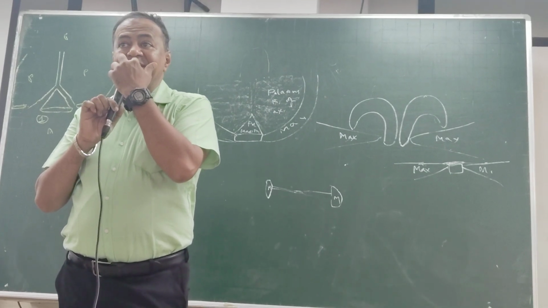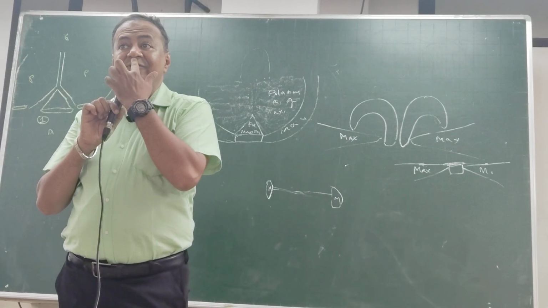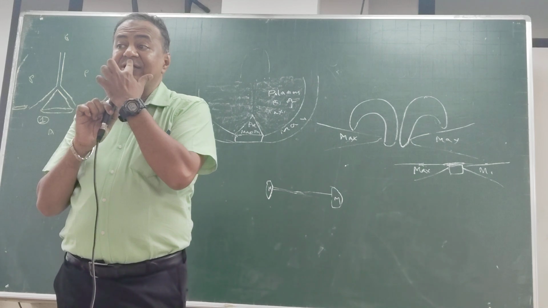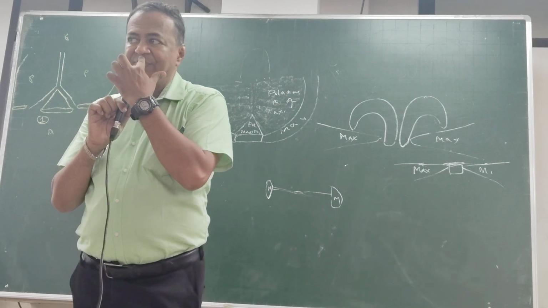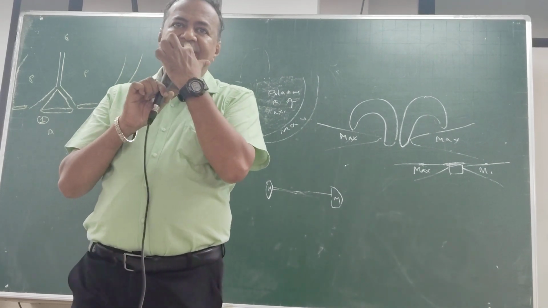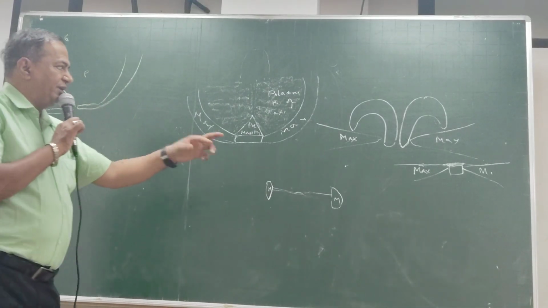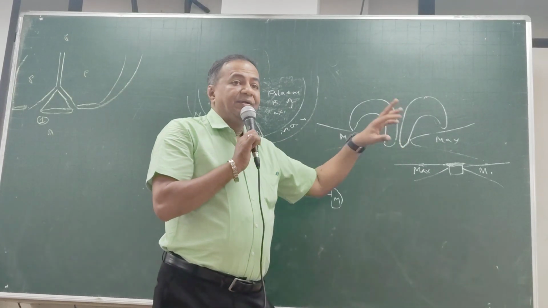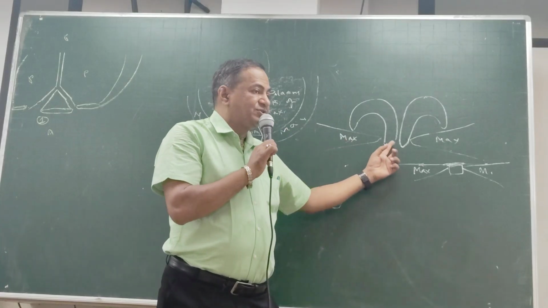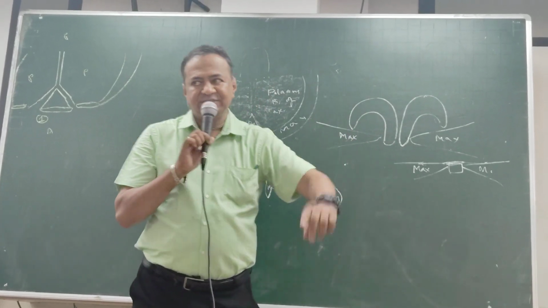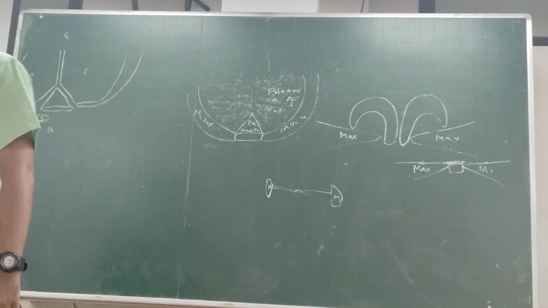If 2 medial nasal processes fail to fuse with each other, we get a midline cleft lip. Right now we are talking about palate. Midline is when these 2 fail to fuse with each other. Lateral is when maxillary fails to fuse with medial nasal process.